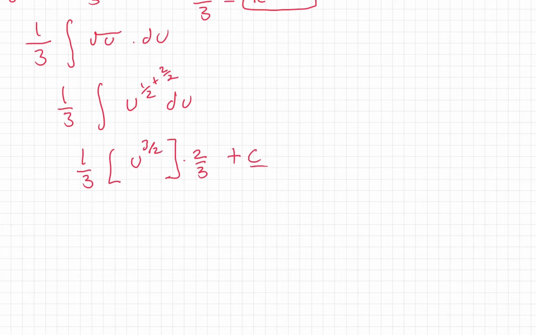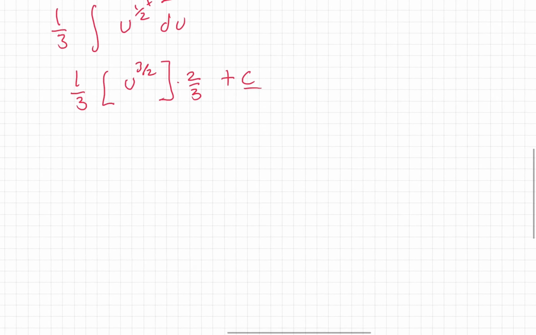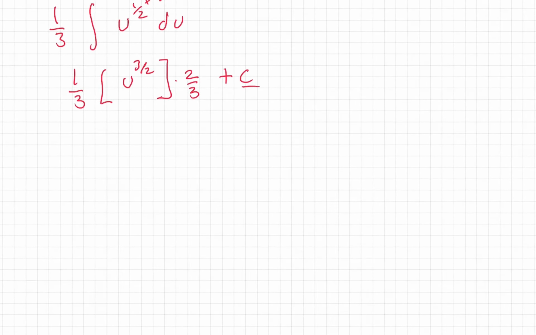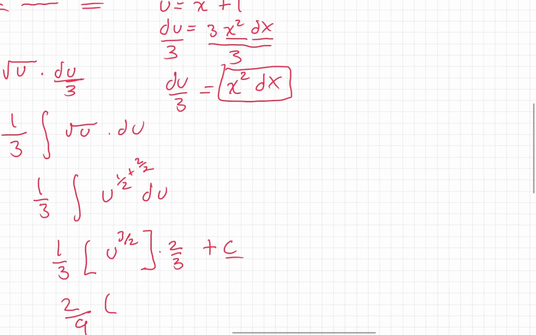This constant, once you get to differential equations, you spend a lot of time in that course solving for the value of c. Okay, so now we simplify a little bit here. We have 2 over 3 times 1/3, which is 2 over 9, times, well, we said that our value for u was x cubed plus 1.